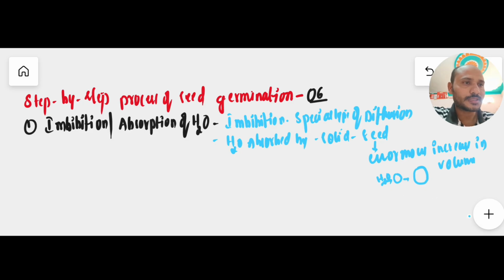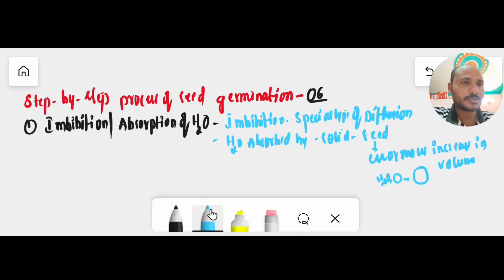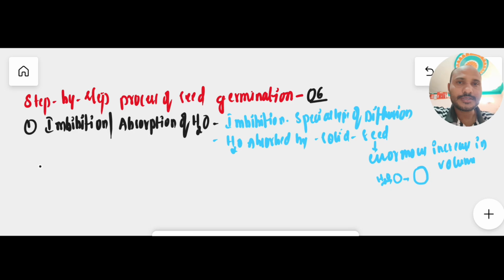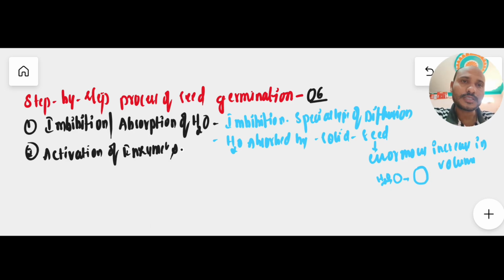Now we move on to the second step. After absorption of water by the seed, it enters the second step, that is activation of enzymes and respiration. Here the absorbed water activates metabolic enzymes, which is very important.